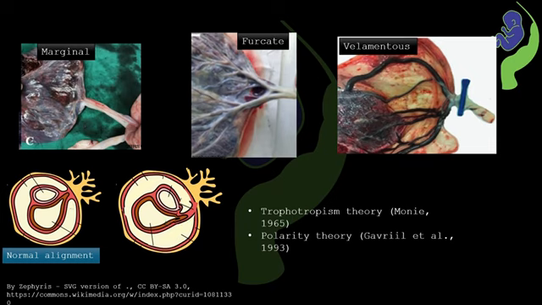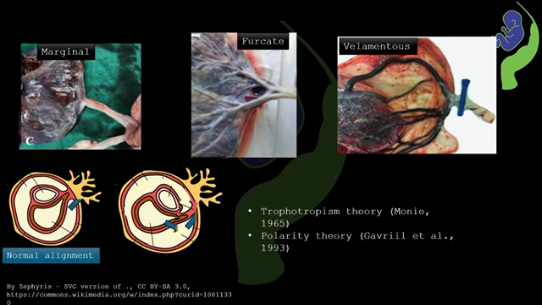The second concept is trophotropism theory. In this, the placenta naturally tends to grow towards areas with better vascular supply and regresses from regions with poor perfusion. For example, lower uterine segment is relatively less vascular compared to upper uterine wall. So, when the placenta implants lower down, it gradually regresses from the poorly perfused lower segment and expands towards better vascularized upper segment as the pregnancy progresses.